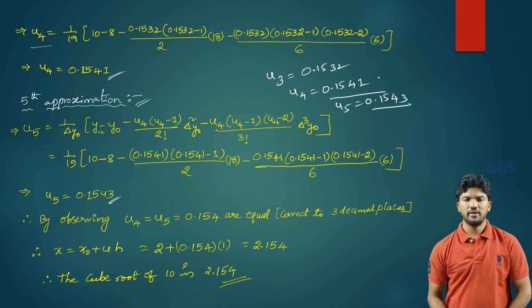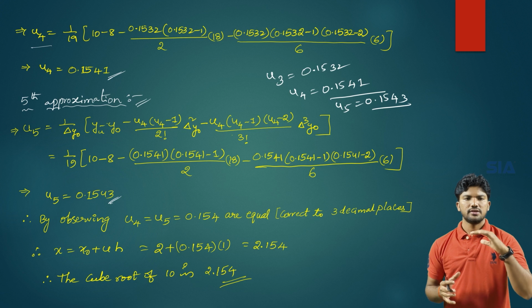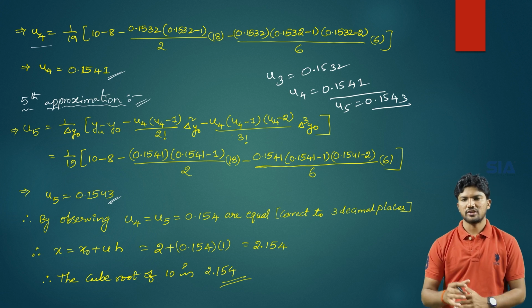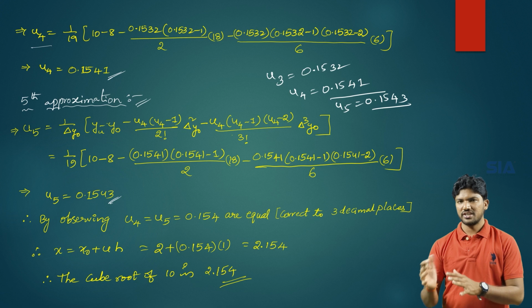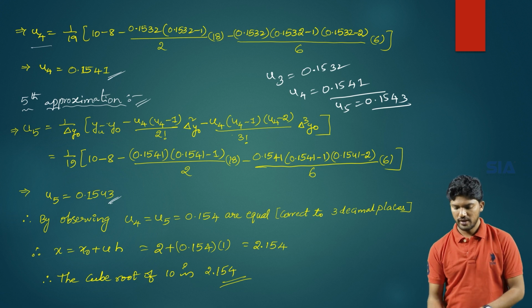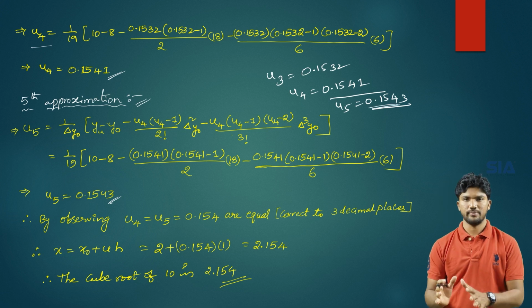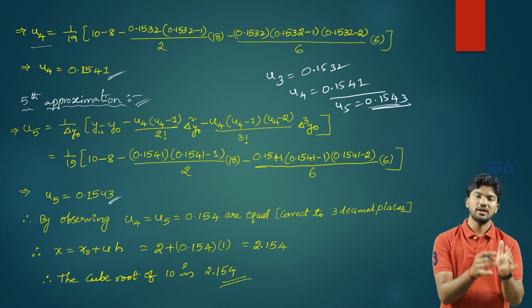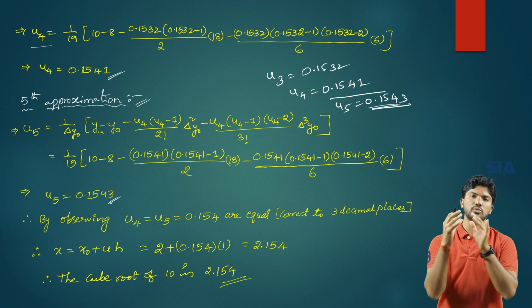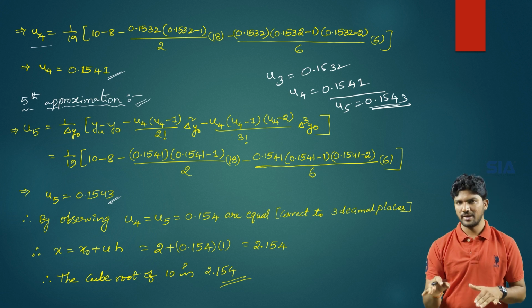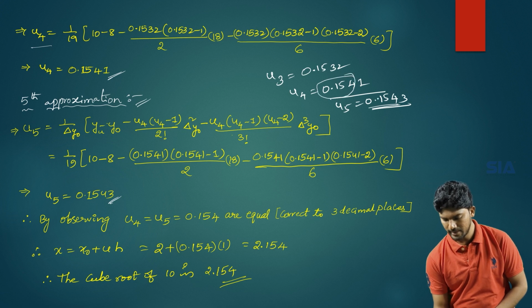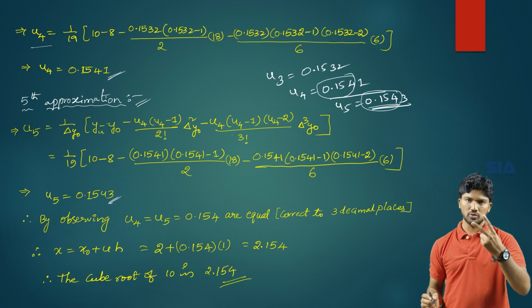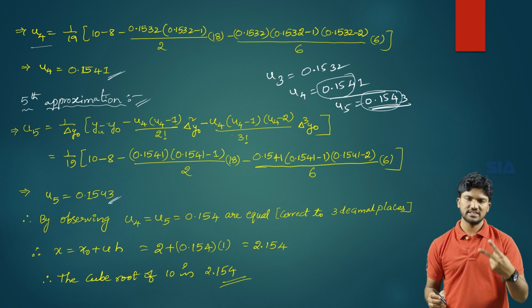By observing the fourth approximation and the fifth approximation, up to 3 decimal places 0.154 is the same. Why? Because in the problem we have to find the cube root of 10 only up to 3 decimal places. Up to 3 decimal places, 0.154 is the same in two successive approximations, u suffix 4 and u suffix 5.